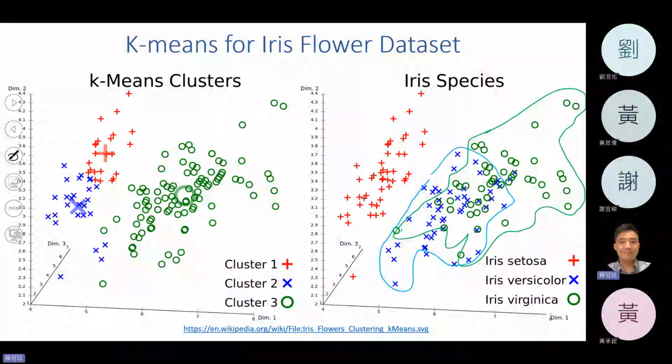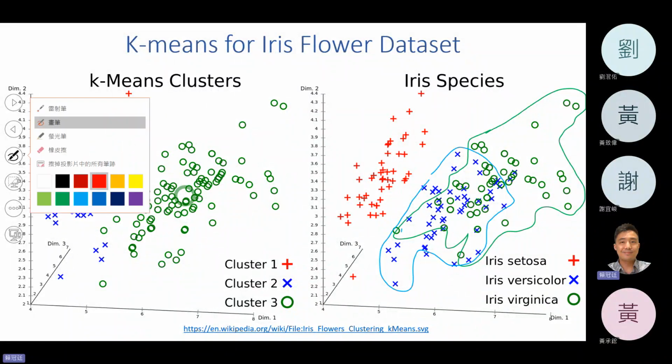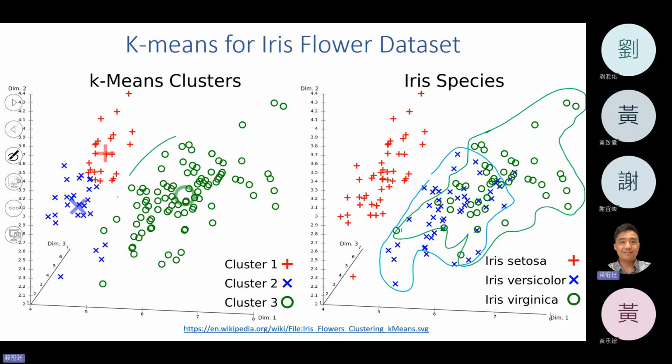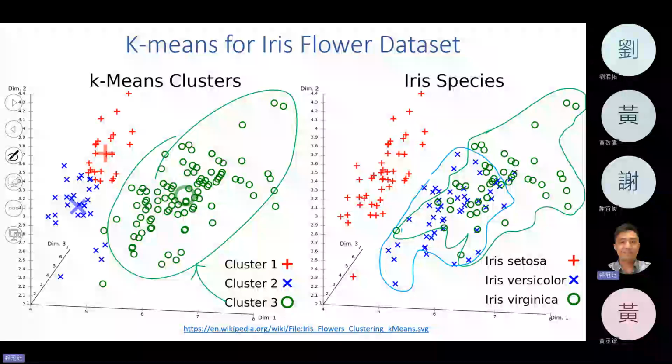But if we do k-means, it will make all the data one class. Since the means are in the middle, it cannot distinguish data that are interleaved with each other.